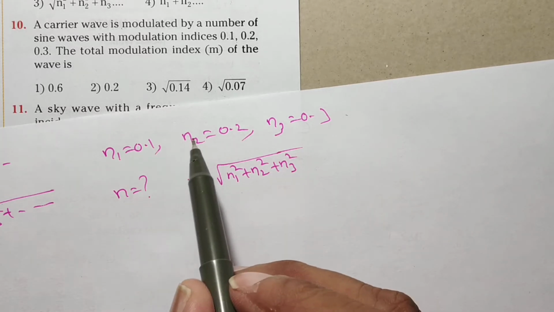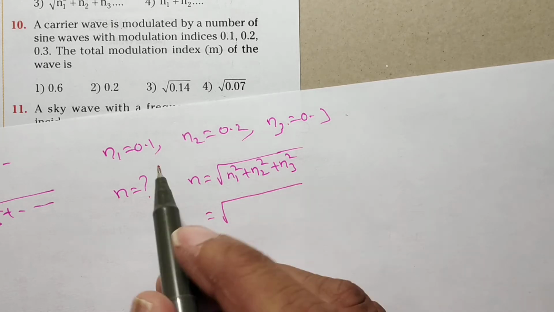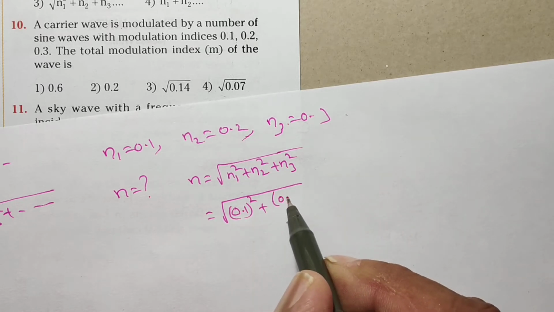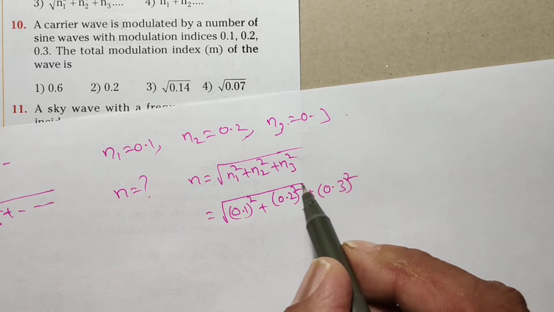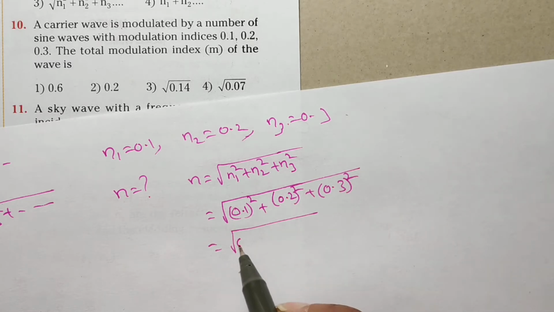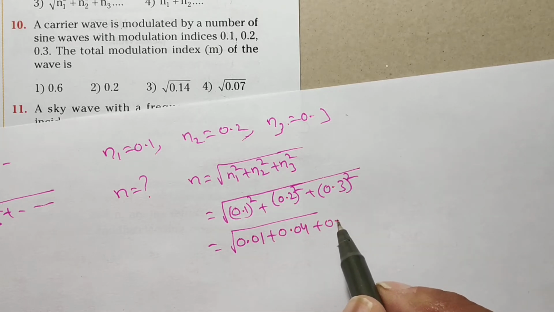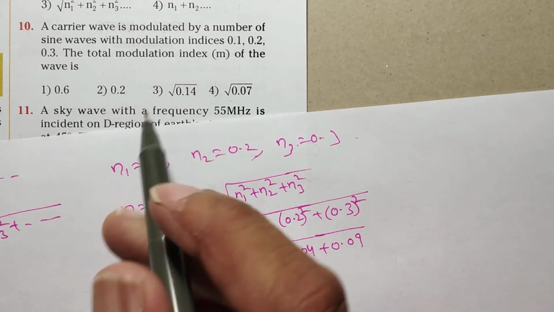Here we are only given 3, so we write up to 3. n1 means 0.1 whole square, n2 means 0.2 whole square, n3 means 0.3 whole square. 0.01 plus 0.04 plus 0.09. We get 9 plus 4 is 13, 13 plus 1 is 14, so 0.14. The modulation index is 0.14. So the third option is correct.